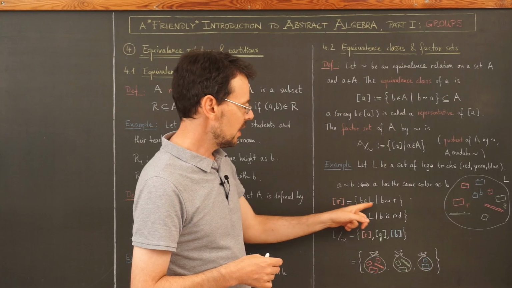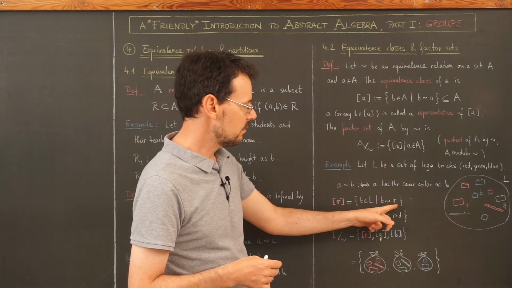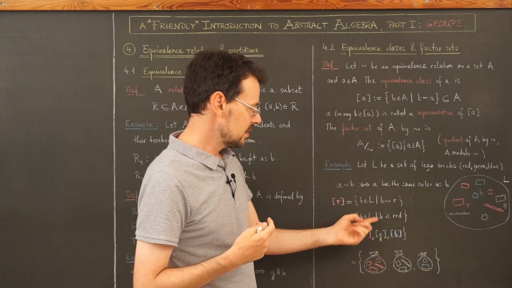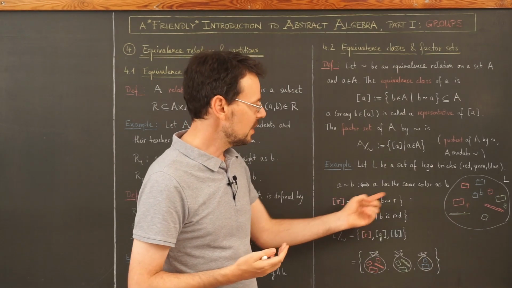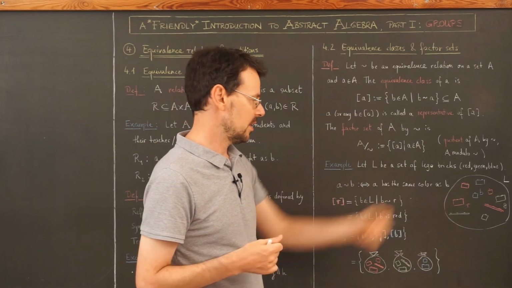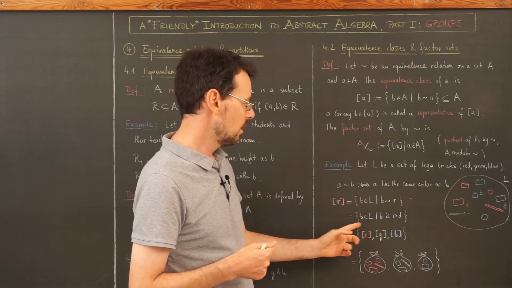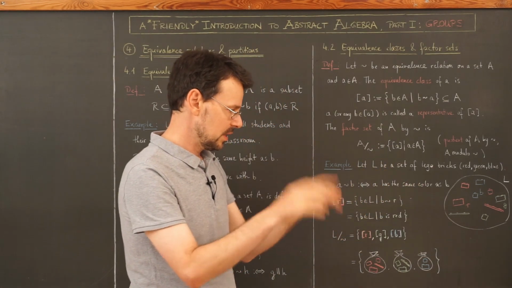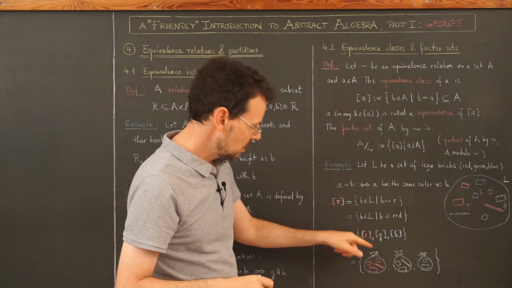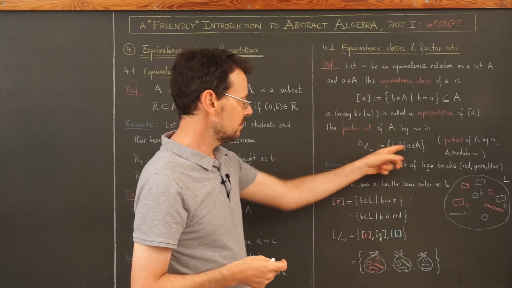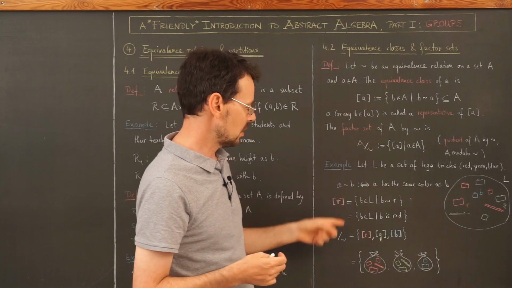All the Lego bricks that are equivalent to R. But that simply means all the Lego bricks that are red, because being equivalent to R simply means having the same color as R, and R is red. So you can imagine taking all the red Lego bricks, putting them in a bag, and this is the equivalence class.